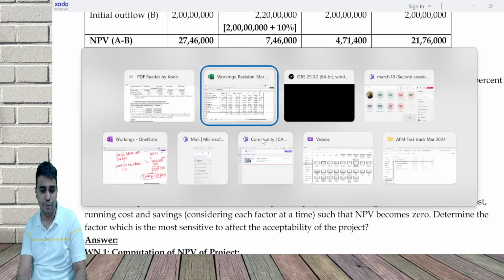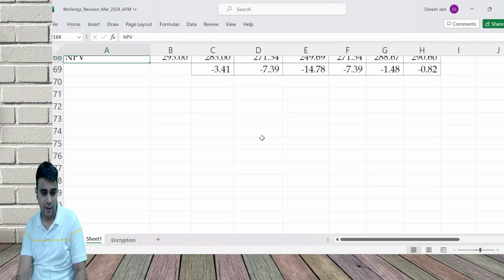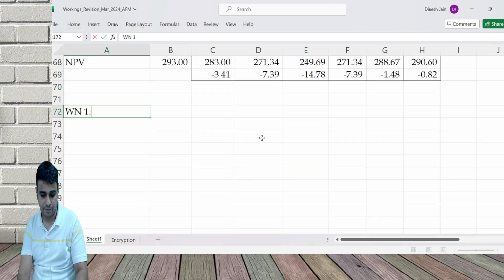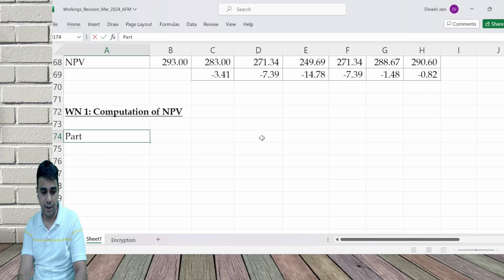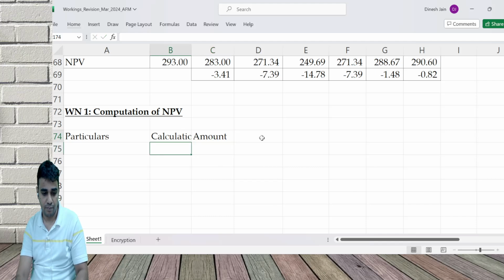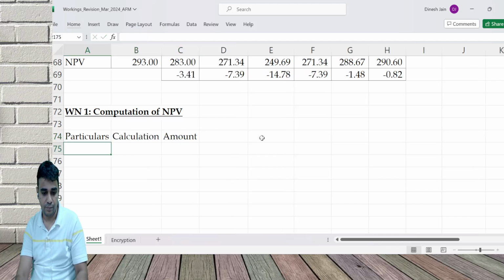Working note 1: computation of NPV. Particulars, calculation, amount.